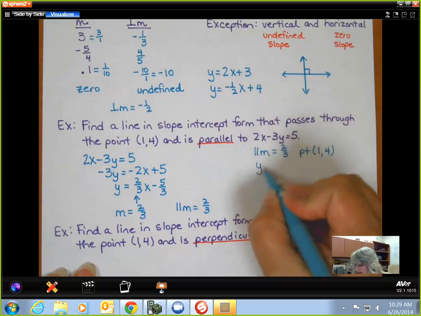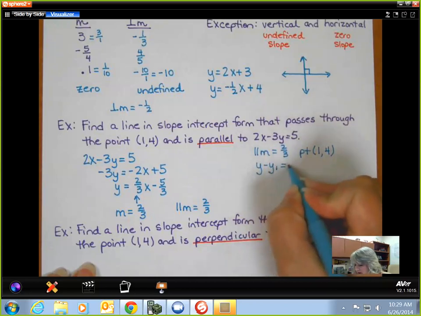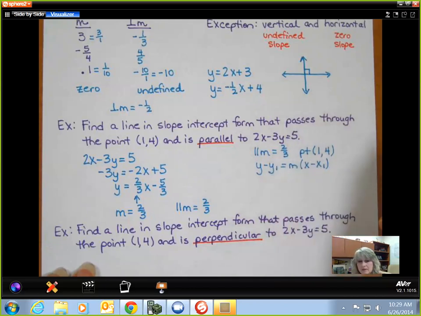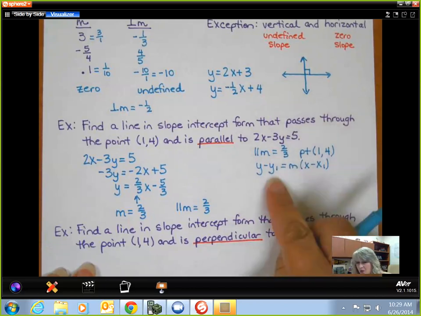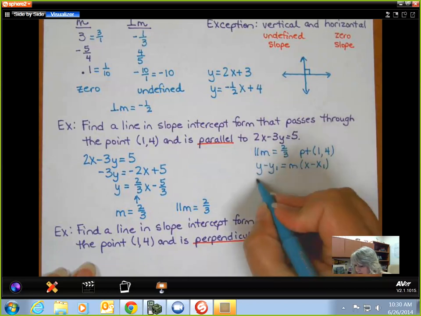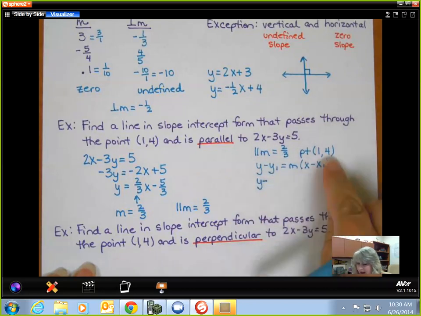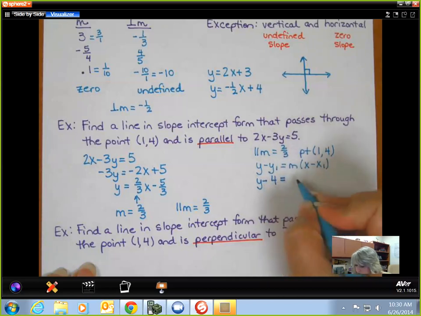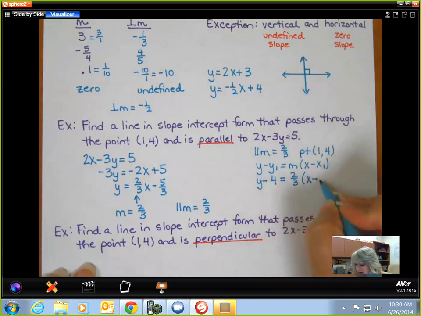Remember, that's y minus y sub 1 equals m times x minus x sub 1. And we're going to put in values for y sub 1, for m, and for x sub 1. So we have y minus, our y value in this point is 4, equals our slope, 2/3, times x minus our x value, which is 1.